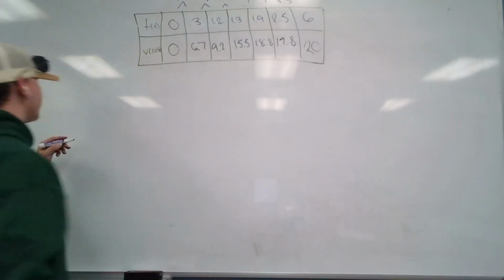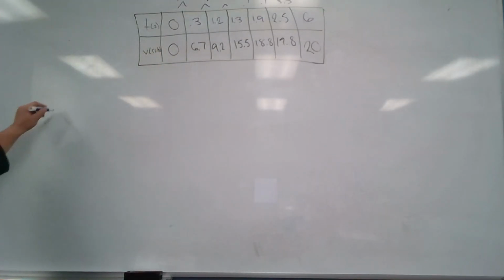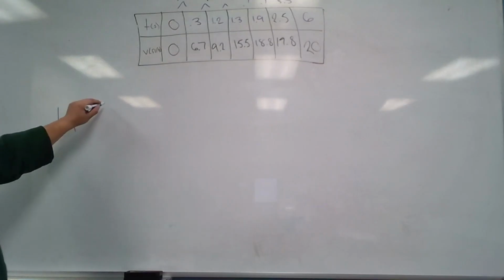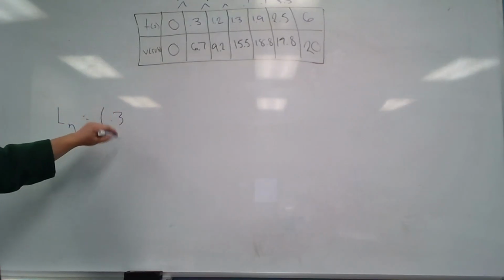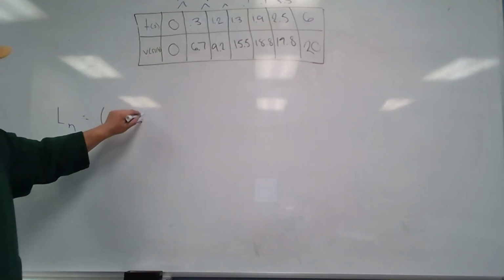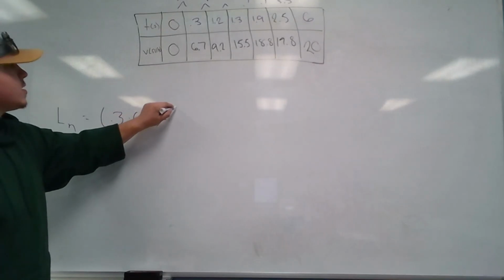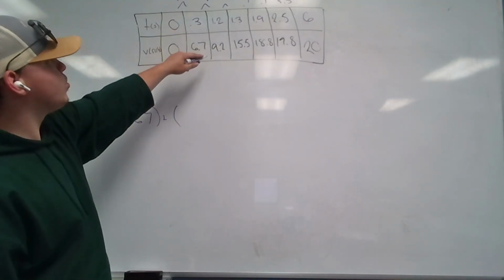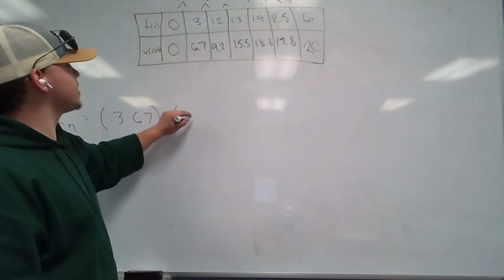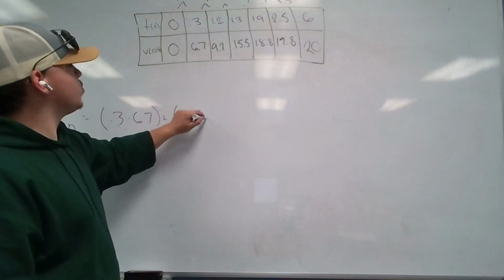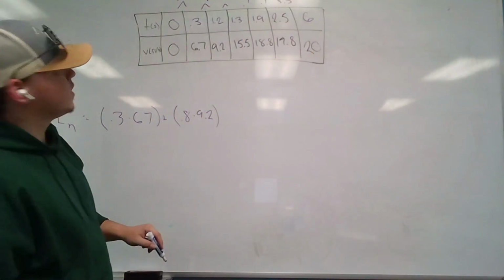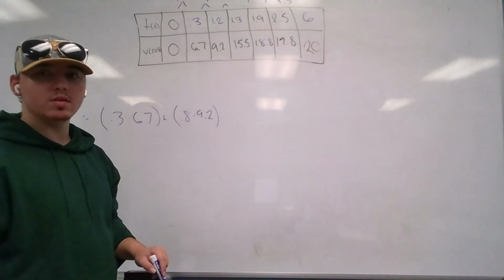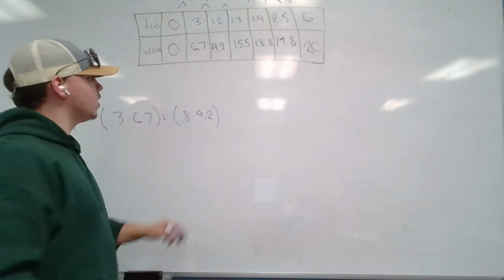Let's say we're going to do the right hand. Actually, the left hand. Left hand's better because you use all the values. Equals 0.3, our change in x, times 6.7, plus 0.3 to 1.2 is going to be 0.8, change in x, 0.8 times 9.2, because that's our height.